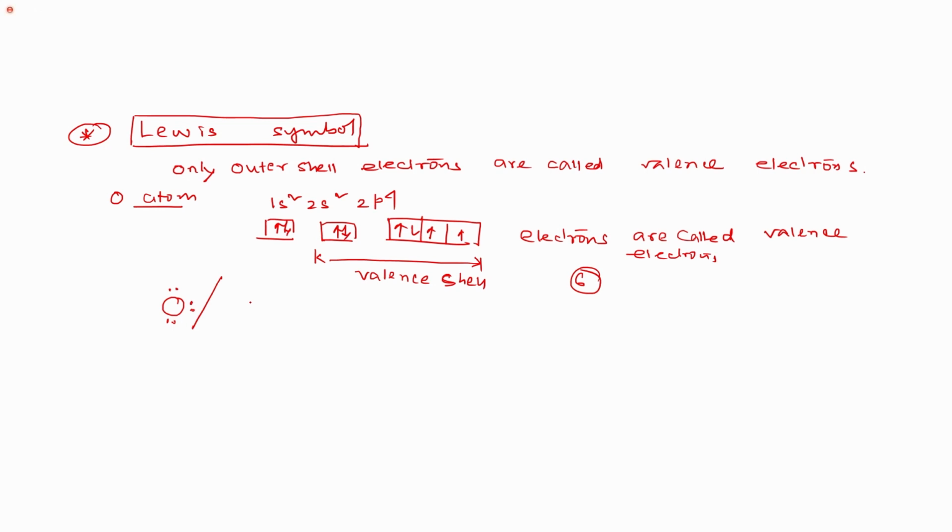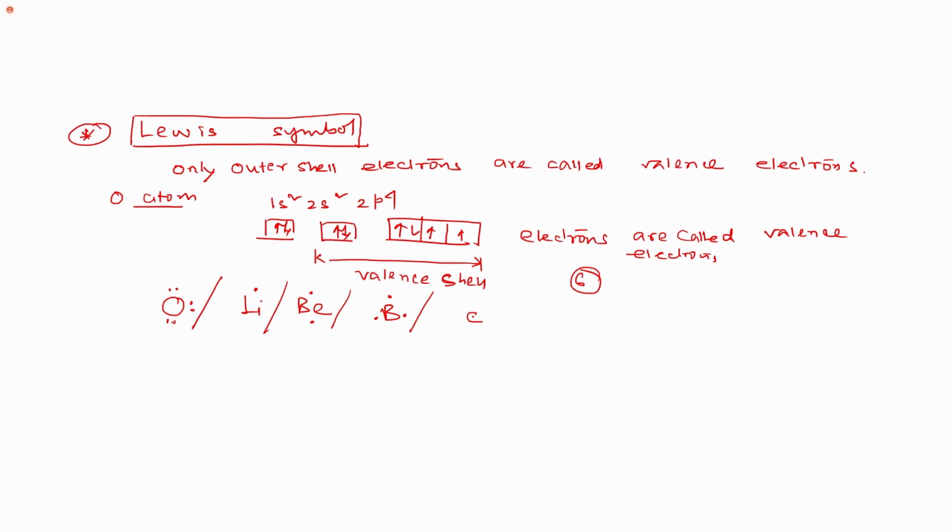Another case, suppose lithium. The Lewis symbol is Li with a dot. Beryllium has 2 valence electrons, so this will be the symbol for beryllium. Boron has 3 unpaired valence electrons, so the Lewis symbol will be like that.